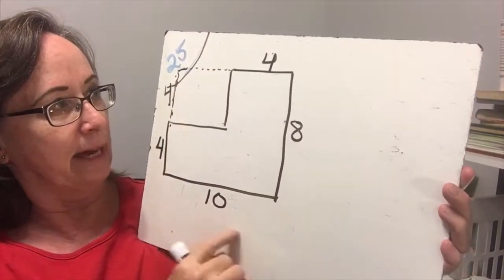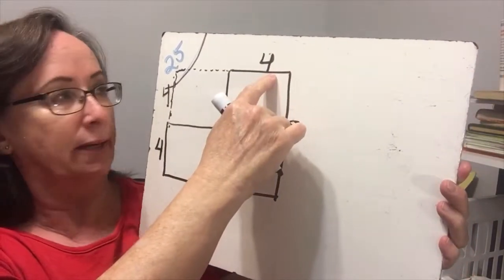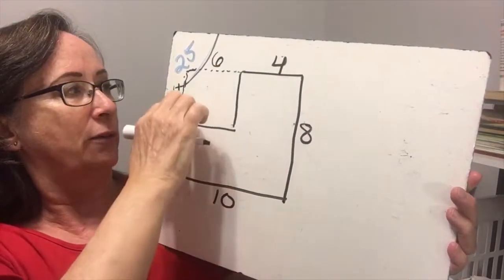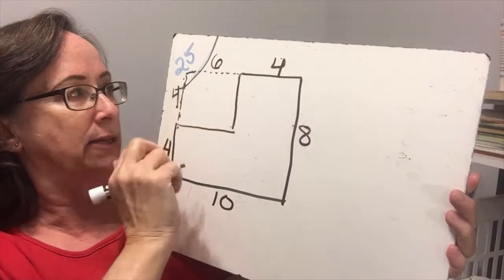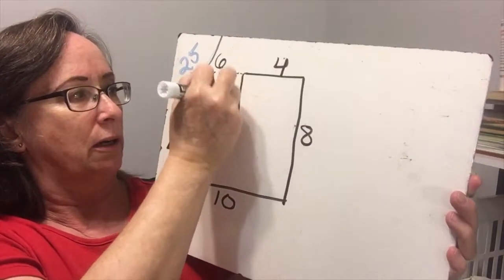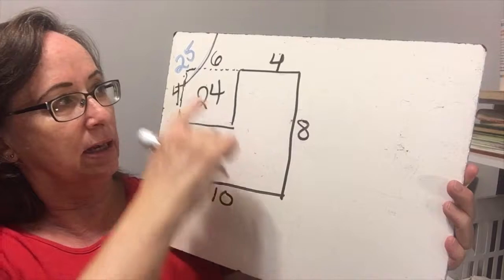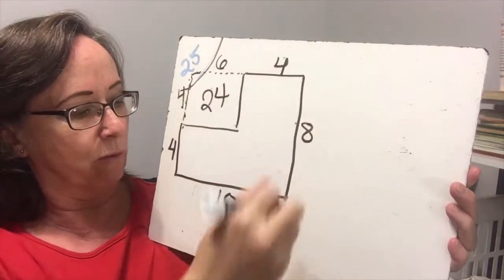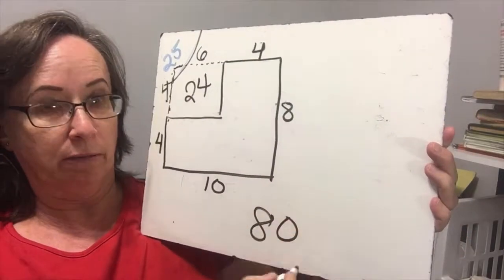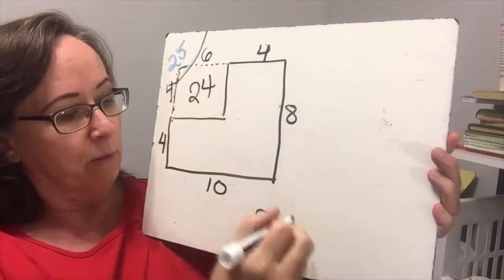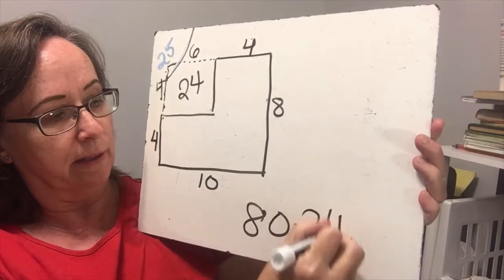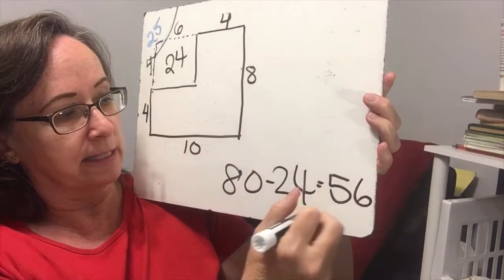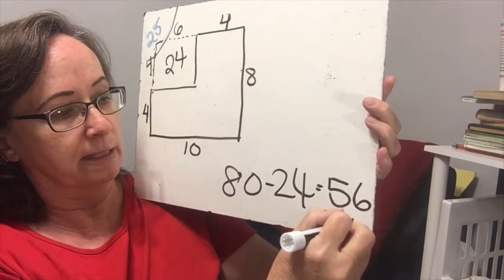And this is 10 down here, and this is 4 up here, so 4 plus 6 gives me 10. So I know that this little eaten piece of cake is 24 square units, and I know that the whole cake is 10 by 8, or 80 square units. So 80, take away the 24, is going to give me 56 square units.